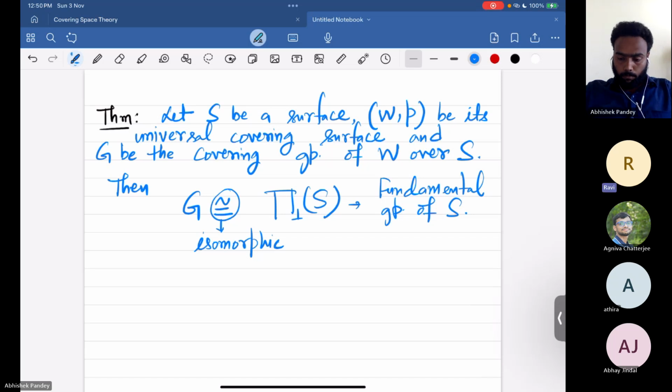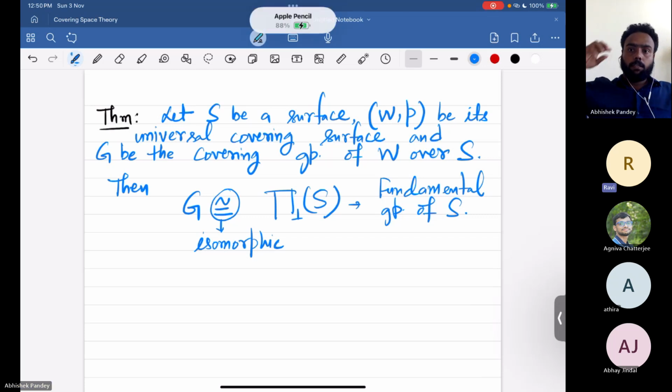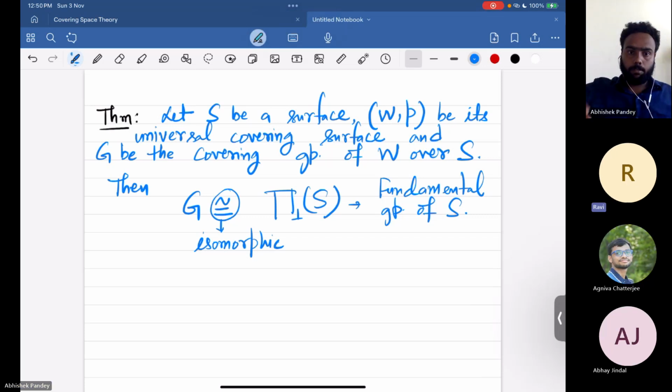Means if pi 1 of S is just the identity, then G will be the identity once it is trivial, correct.